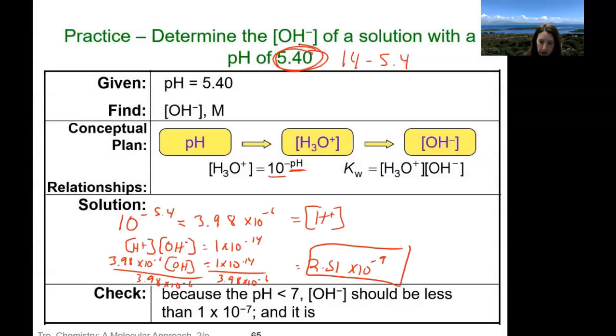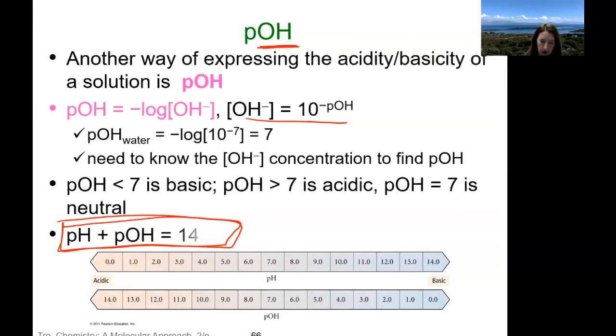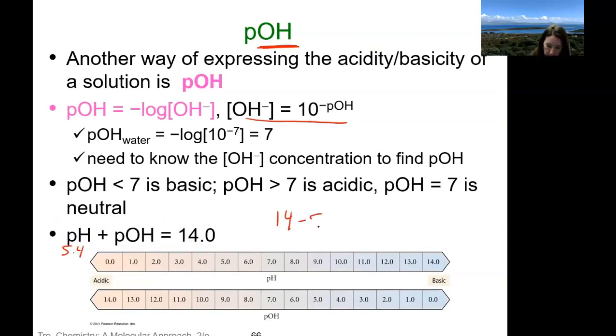we had 5.4. So this is 5.4, right? So if I just took 14 minus 5.4, that's going to give me my POH, right? And then I can just take 10 to the negative whatever that is, and that's going to give me my OH.